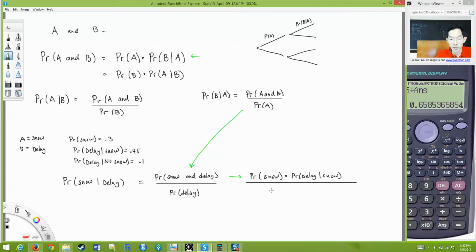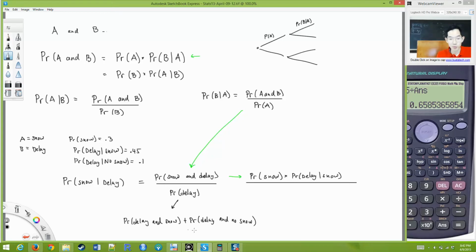On the bottom, the probability of delay, we had to break this apart into two pieces. This was the probability of delay and snow, plus the probability of delay and no snow.